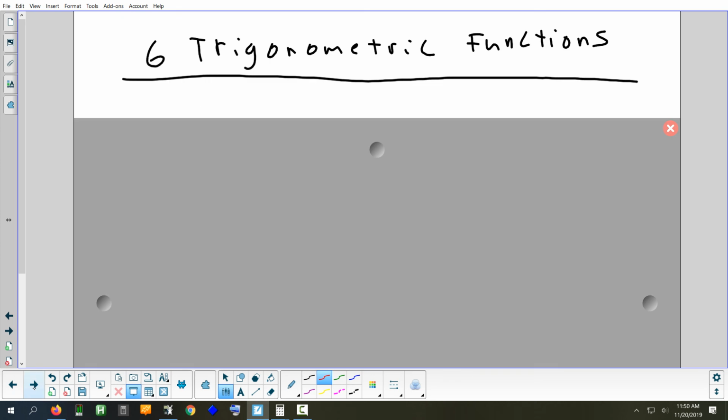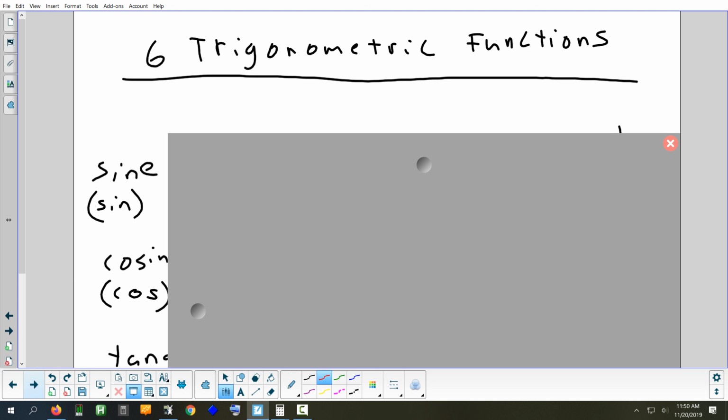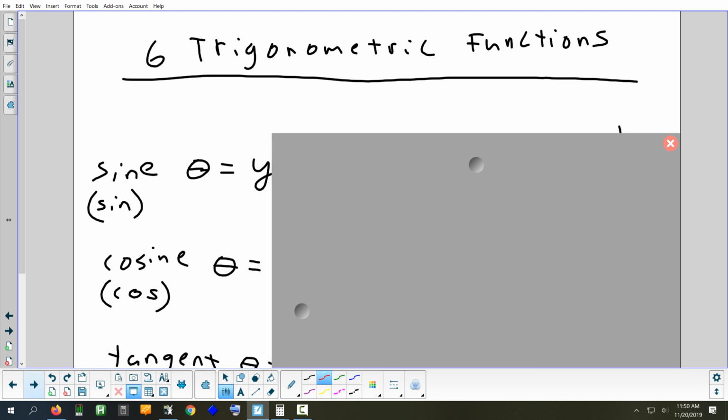Okay. So I'm going to give you the definitions of all 6 trig functions based on knowing an xy coordinate. If I ask you for the sine of an angle, first you'd have to draw that angle. Here's your circle. You'd have to get your angle, something like that.